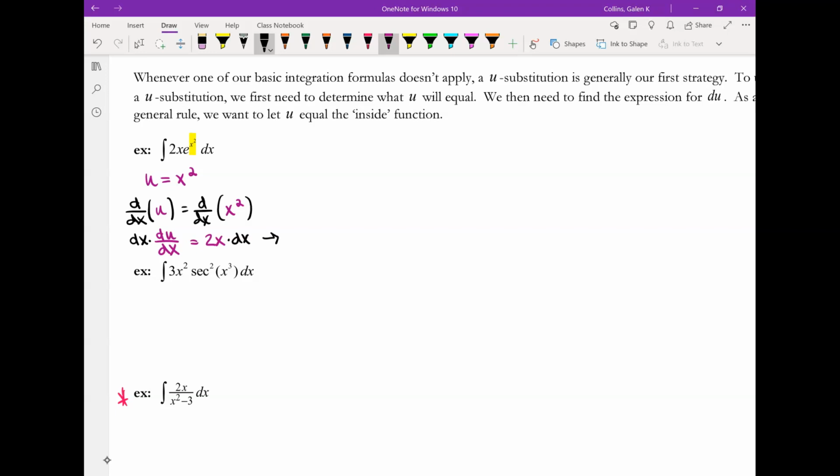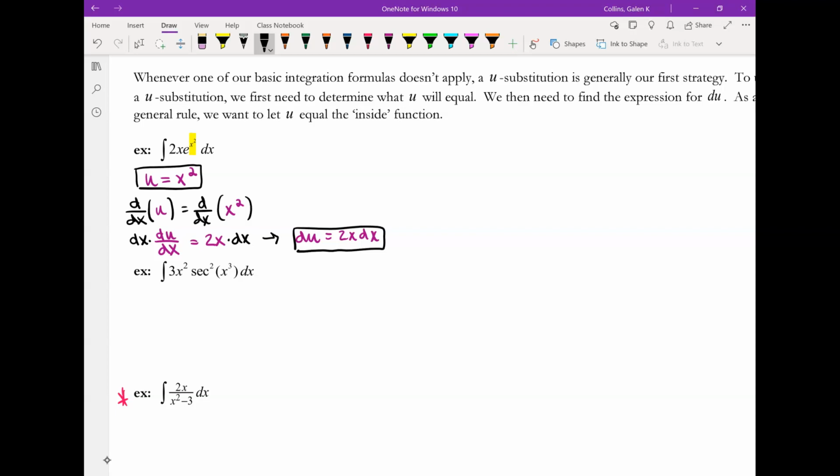So we are left with du equals 2x dx. These are the two equations, u equals x squared and du equals 2x dx. We're going to need these for our substitution.